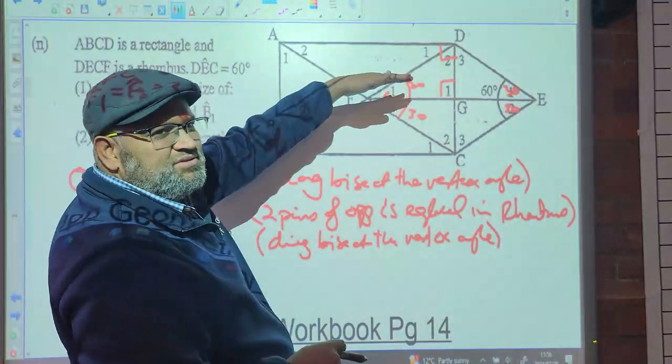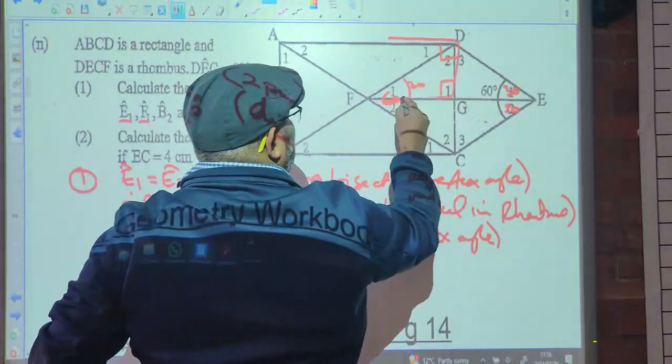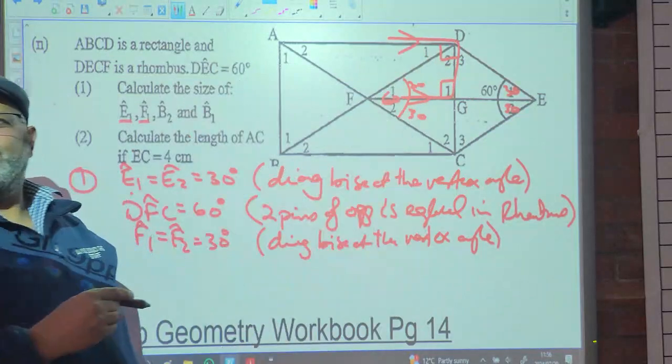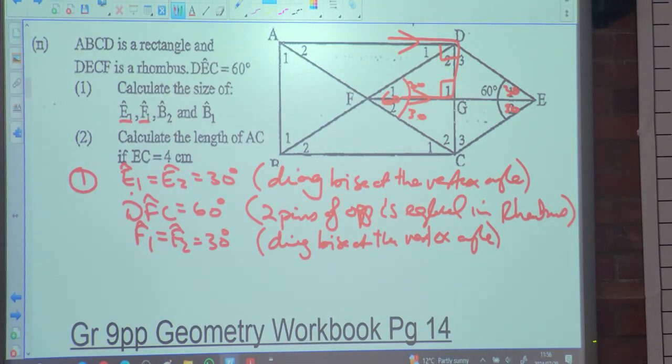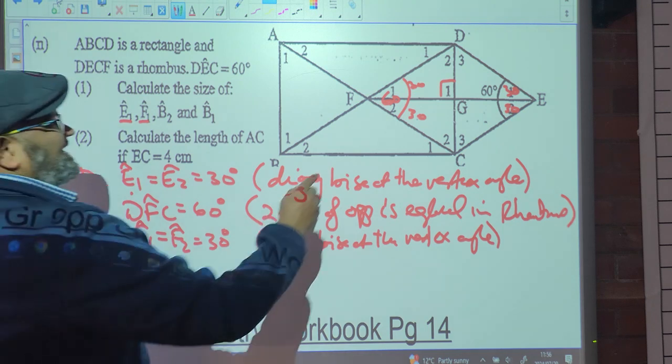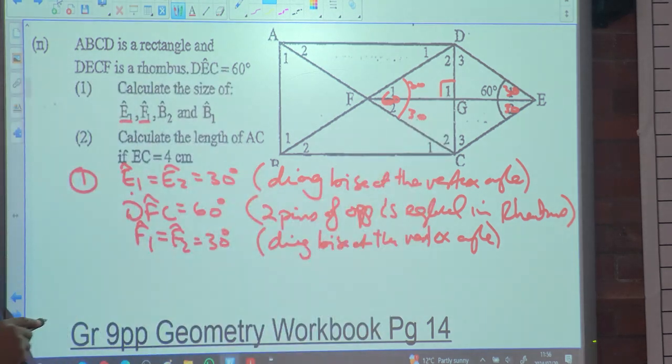It's co-interior. So now those lines are parallel. Is that what you're going to do? Nice. Well done. Since somebody said G1 is 90, it became actually easier. Does anybody see it now? If G1 is 90, what can be determined now?